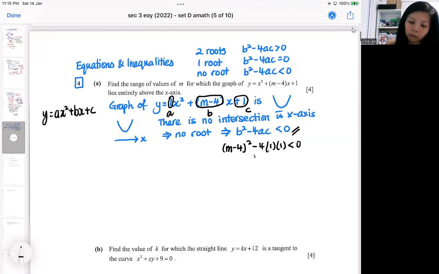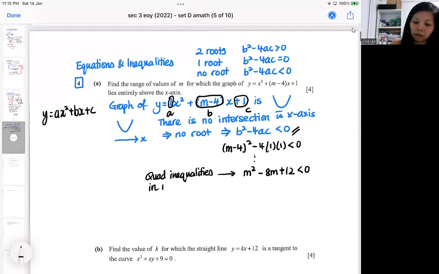If you do the expansion, everything, you are going to get something that looks like this. So this is a quadratic inequality, like in question 1. In question 1, the quadratic inequality is in X, but right now it is in M. So you still look at it like factorization.